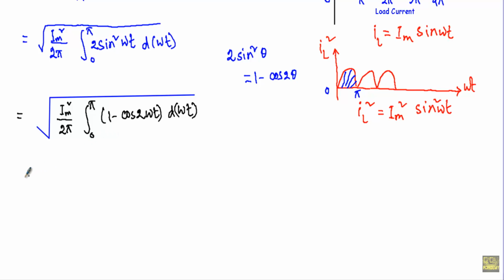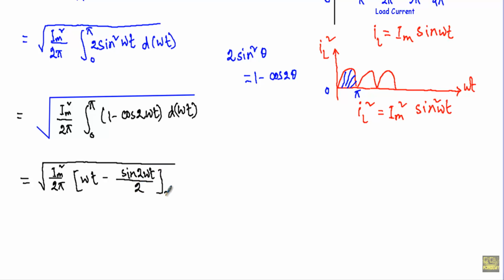Now if I integrate it, I will get root over Im square by twice pi, omega t minus sin 2 omega t divided by 2, integration limit 0 to pi.